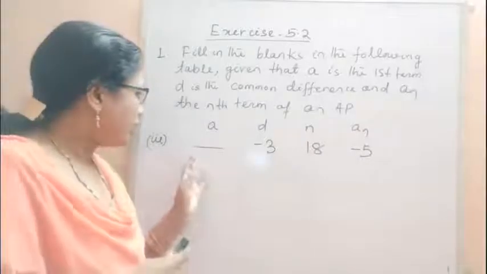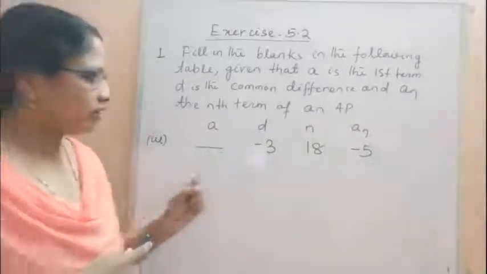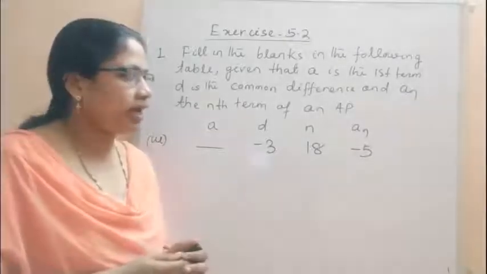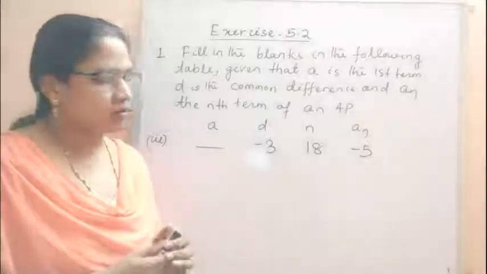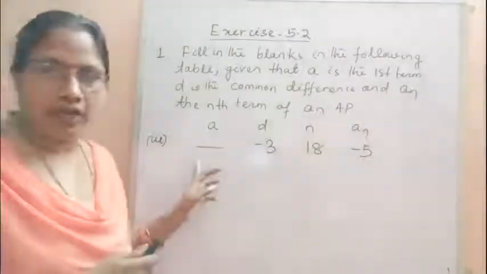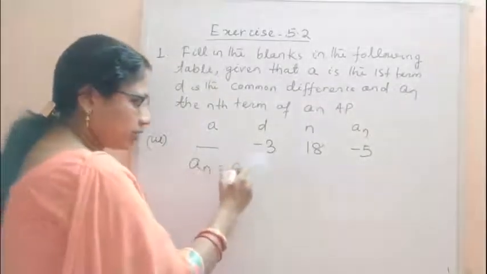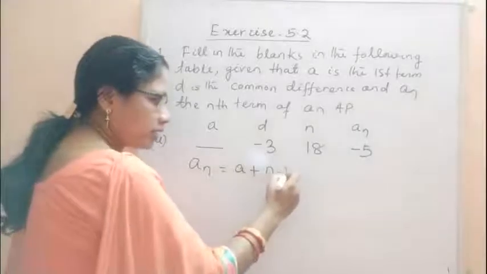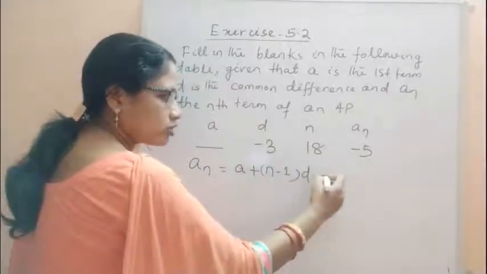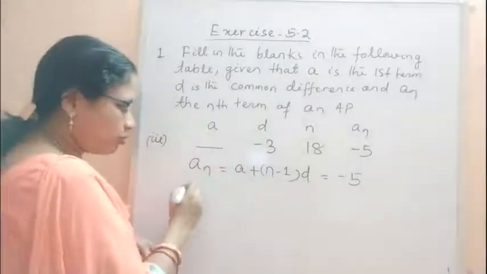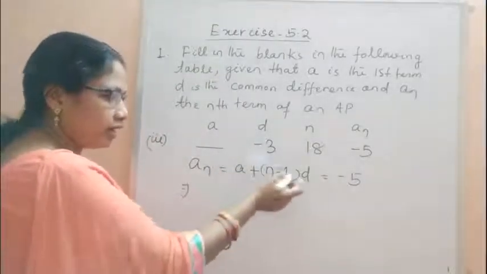So the third bit, a is not given, d is minus 3, n is 18 and an is minus 5. So we have to find a. So an is equal to a plus n minus 1 into d, which is given as minus 5. Now put the values of n and d.